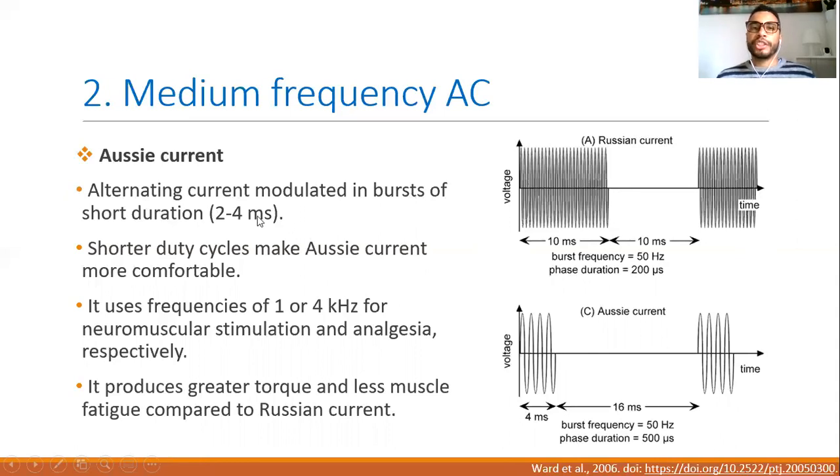In the Russian protocol, we had 10 milliseconds, and in the Aussie current, we have bursts that range from 2 to 4 milliseconds. So on time is 4 milliseconds and off time is 16 milliseconds. So we have more time to rest.